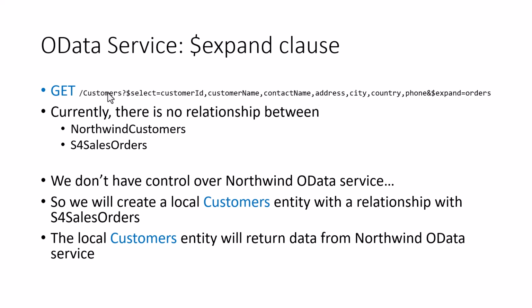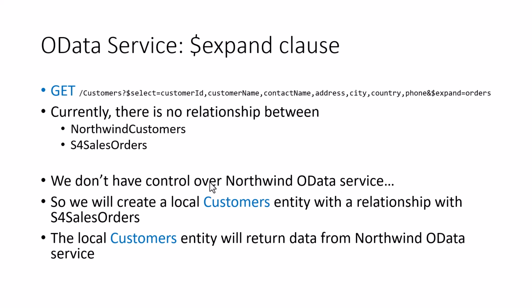But at this moment, the Northwind customers entity and the sales orders entity are so disjointed. There is no relationship between them. Now, we don't have control over the Northwind OData service because this is a remote service.